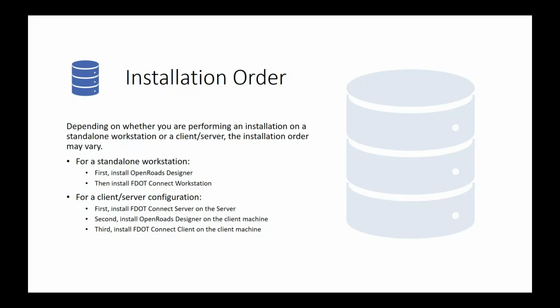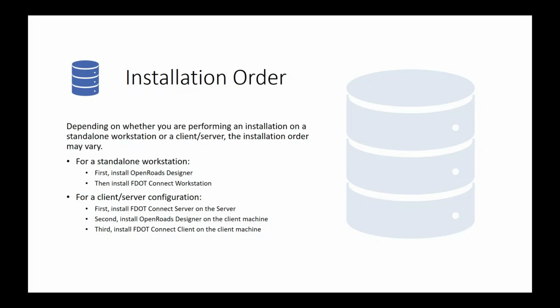In other words, although you're installing OpenRoads Designer first, you need to have already decided on the location that you're going to install FDOT Connect software. For a typical standalone workstation, this is simply going to be C FDOT Connect, just like you have your C FDOT SS4.